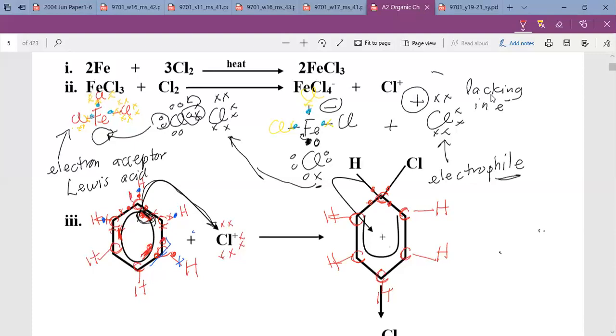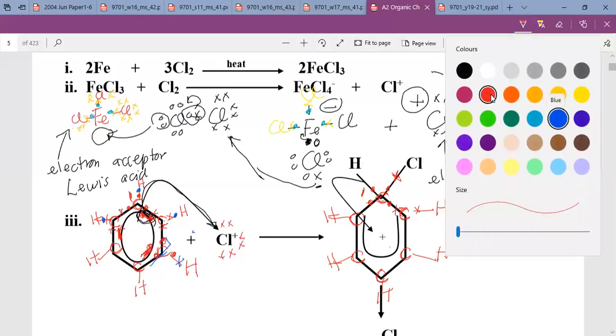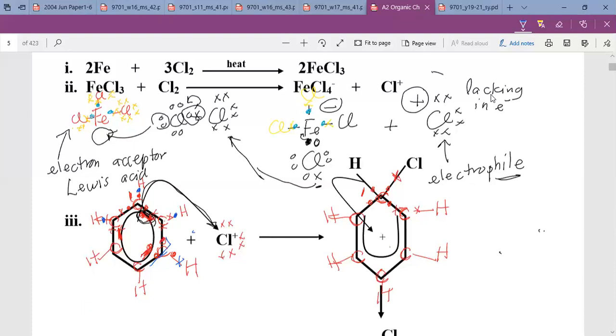Now the cross on this carbon will be moved to here. It means this will be the cross, and it belongs to here. Draw the cross here. I'd better change this to another color. Let's call this dot.